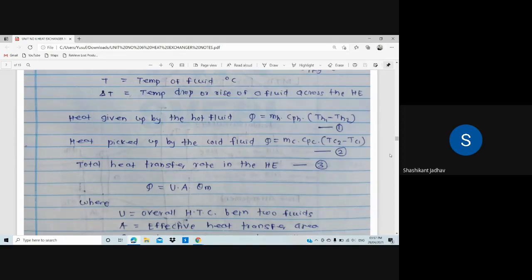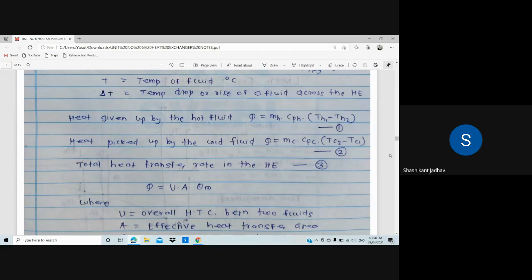Heat given up by the hot fluid: Q is equal to m dot H, that is the mass flow rate of the hot fluid, into Cp of the hot fluid, that is Cph, into bracket TH1 minus TH2.